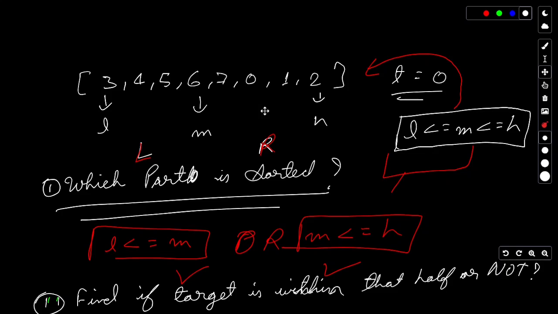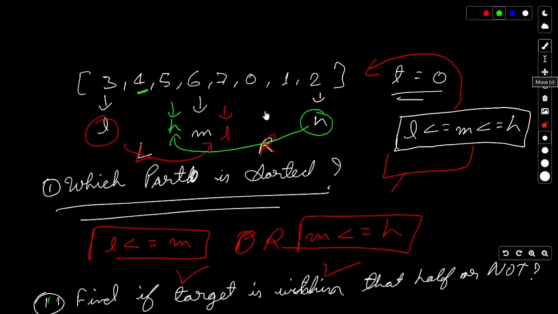For that, we will be updating our left pointer to mid plus 1 here, or vice versa. If the target were 4 and we would have to go into this sorted half, then we will have to update high to mid minus 1, right?